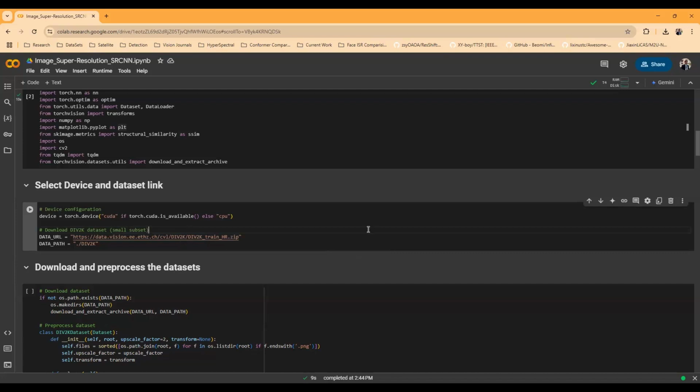For the super resolution task, if we are using a deep learning method, we should understand what exactly we are doing here.